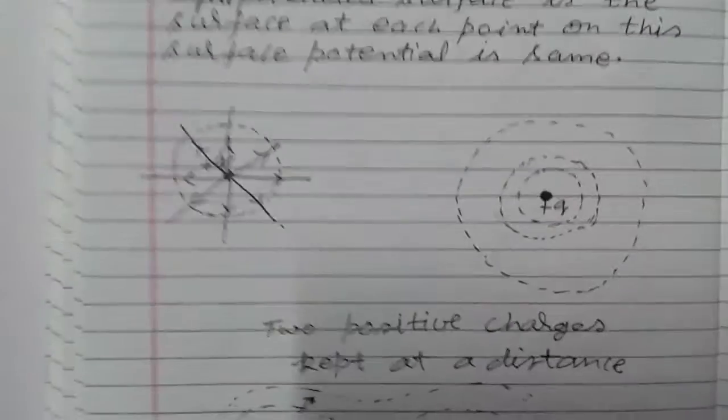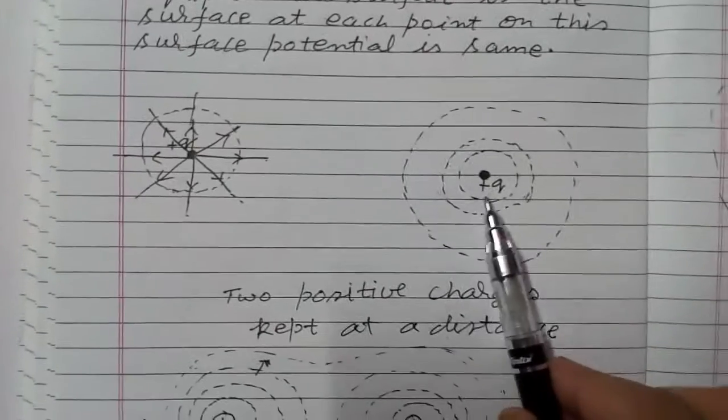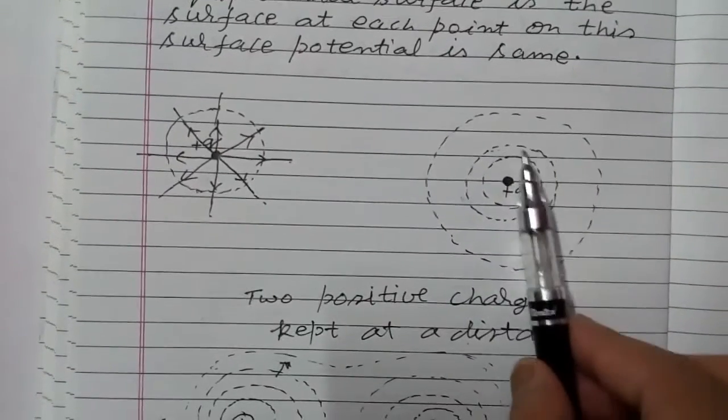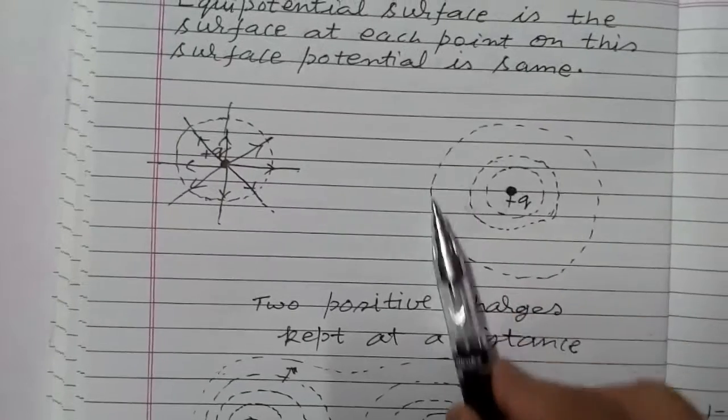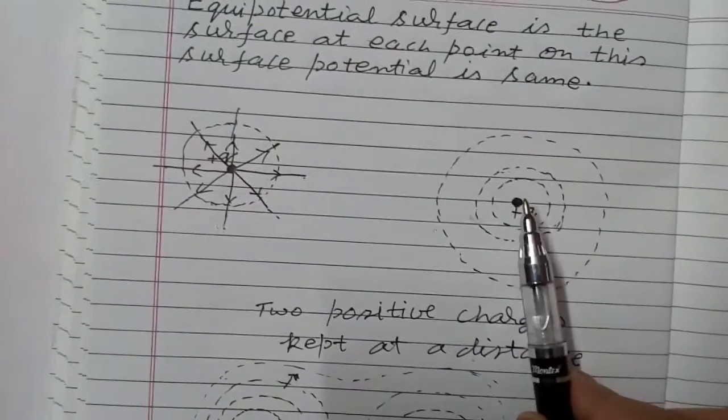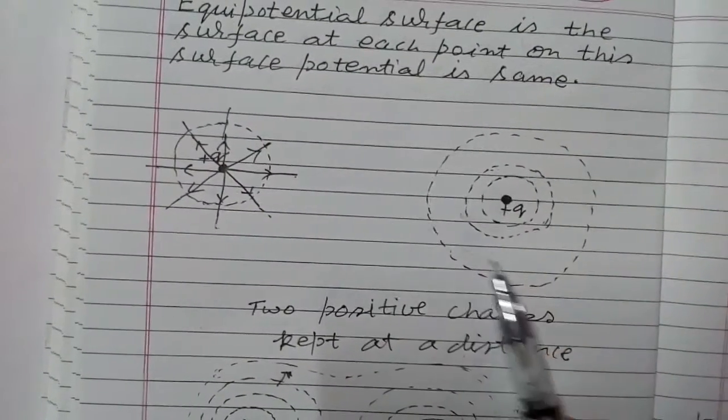So at a different distance from this point charge, potential will be different. So equipotential surfaces will be concentric spheres. Now these are equipotential surfaces which are concentric spheres. In this plane they are circles, but actually this is a part of a sphere.